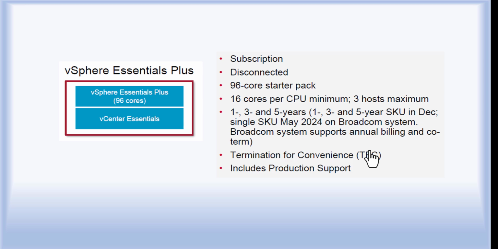You have FIPS 140 support, and support for Microsoft VBS, which supports Windows 10 and Windows 2016 security features. You have the native key provider inside, and you can enable the TPM for more security.